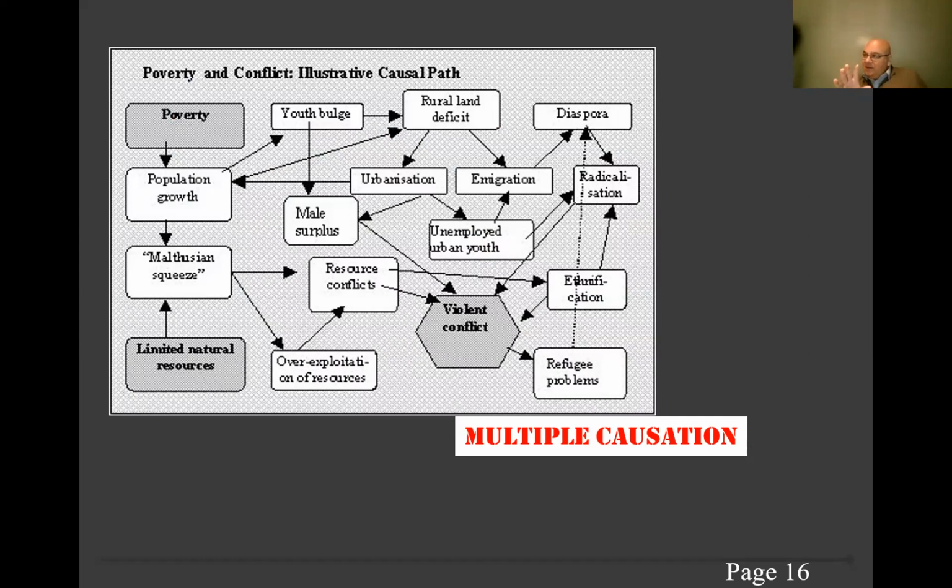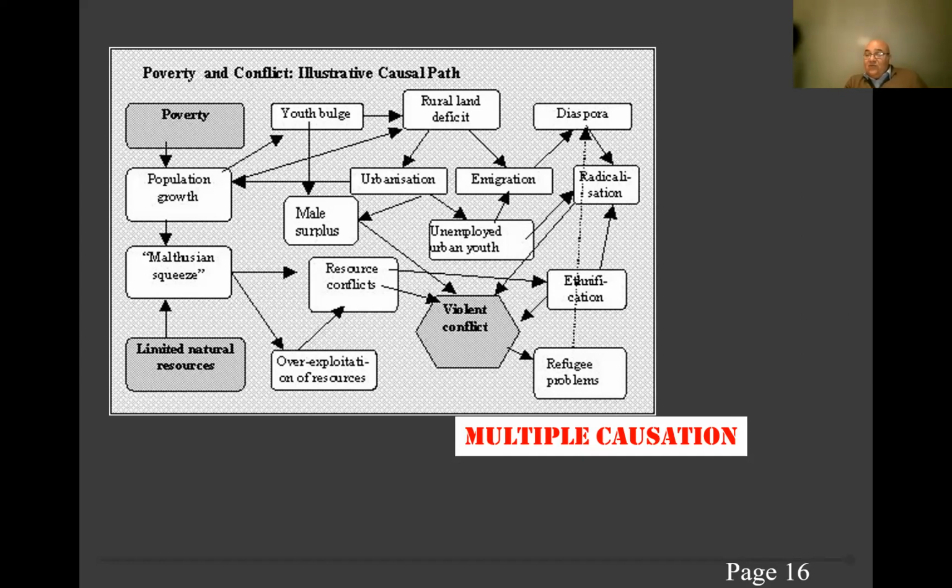If you have poverty, you will have population growth, and it creates a Malthusian squeeze. Malthusian squeeze is when your natural resources don't increase but your population increases, and it creates a kind of gap.